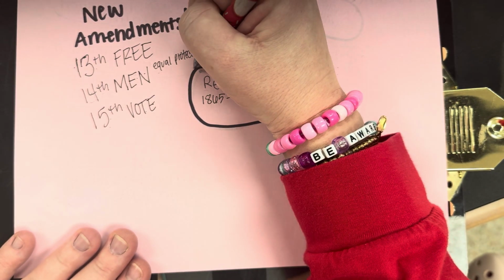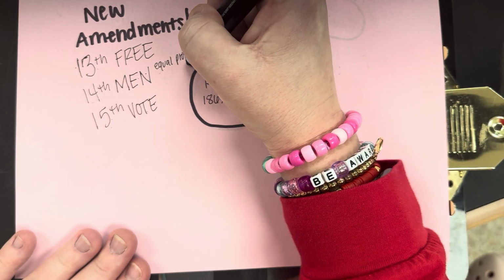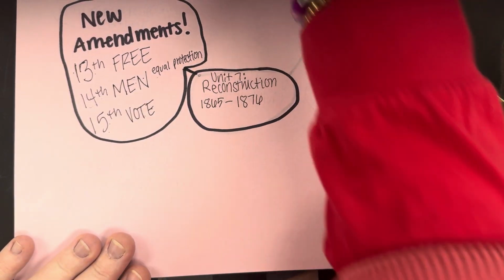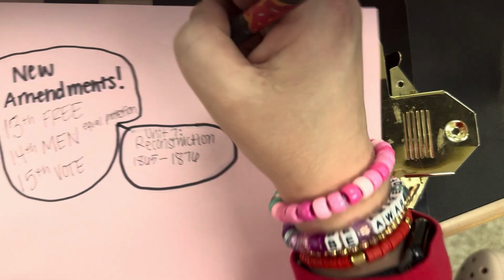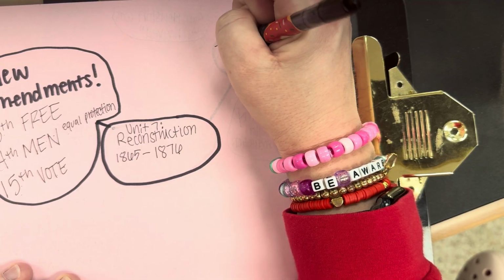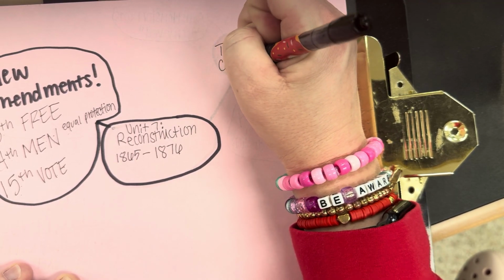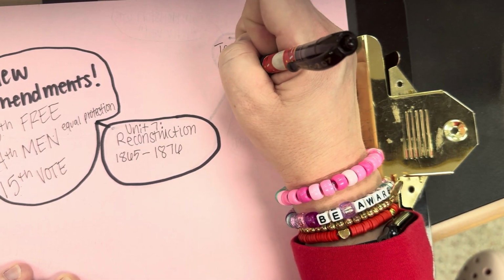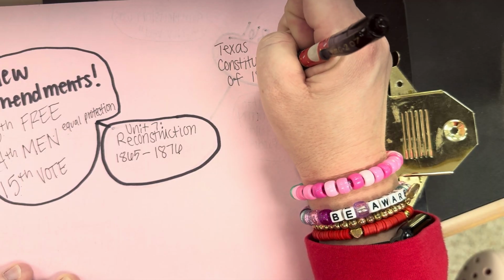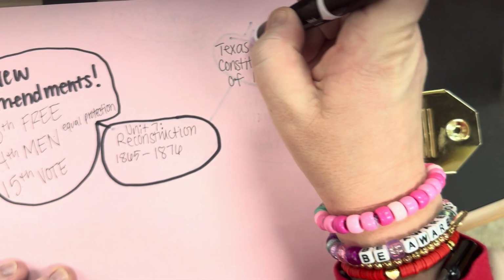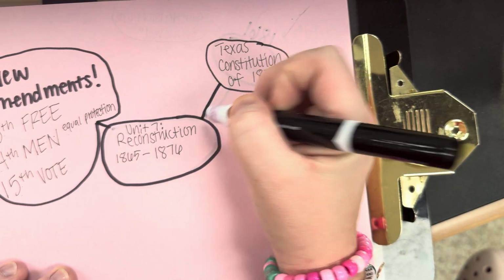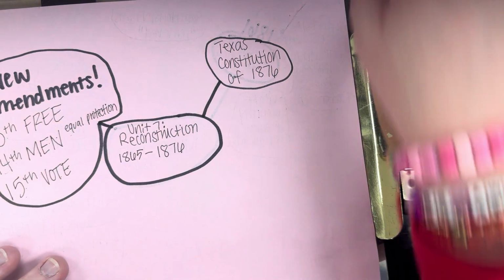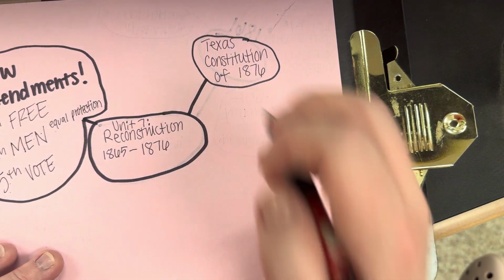Texas was eventually readmitted to the United States after the Civil War. But first, what they had to do was create a new constitution. And so the Texas Constitution of 1876 reflects the principles and the structure of the American Constitution.